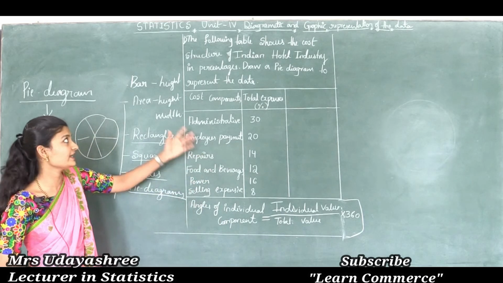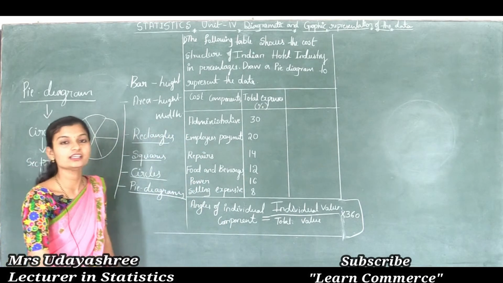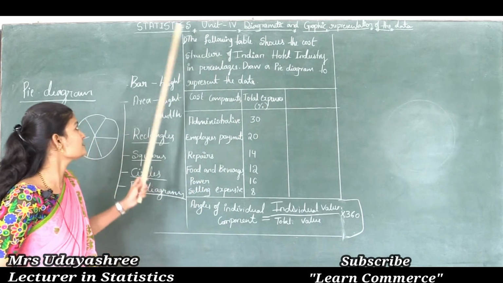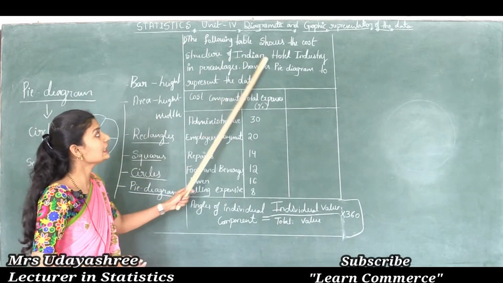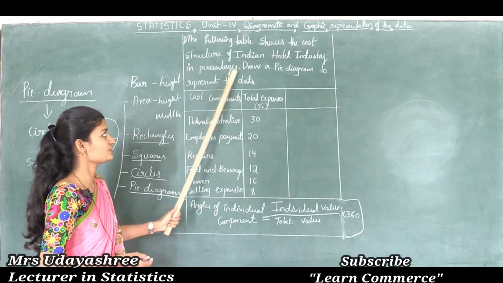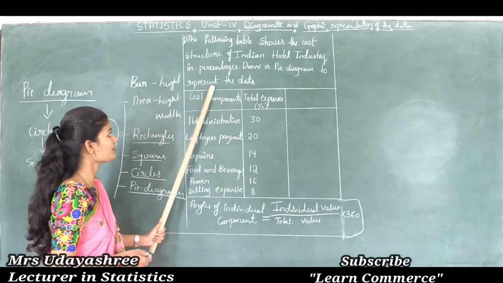Let me explain with the help of a problem. The given problem is: the following table shows the cost structure of the Indian hotel industry in percentages. Draw a pie diagram to represent the data.